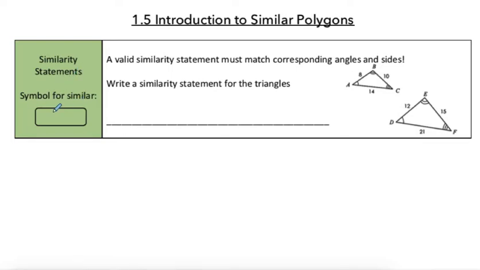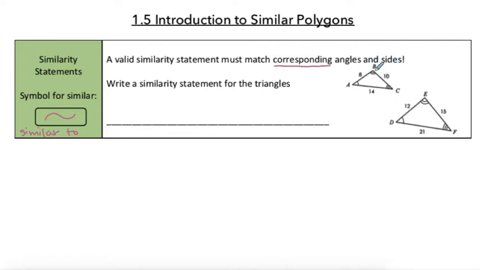The symbol that we use for similar is just one little squiggle, kind of like this. We're going to say this object is similar to this object. So we read it as "similar to." A valid similarity statement must match corresponding angles and sides.